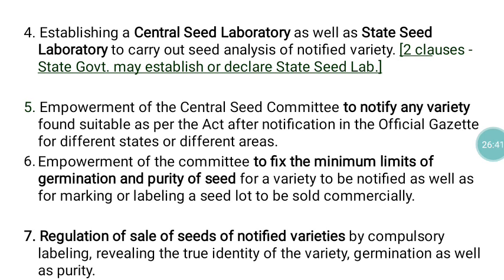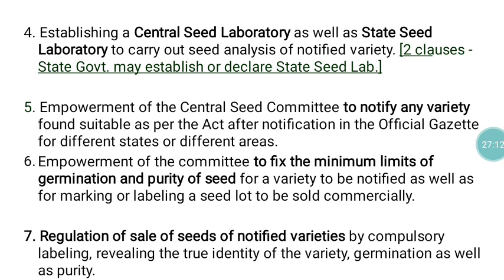If any quality issue arises, they will compare with the provisions available in Section 6. The limits are given in detail in Section 6. Seed quality on par with the standard prescribed in Section 6 of the Seed Act will be accepted for seed purposes, or otherwise it will be rejected. So that is Section 6.